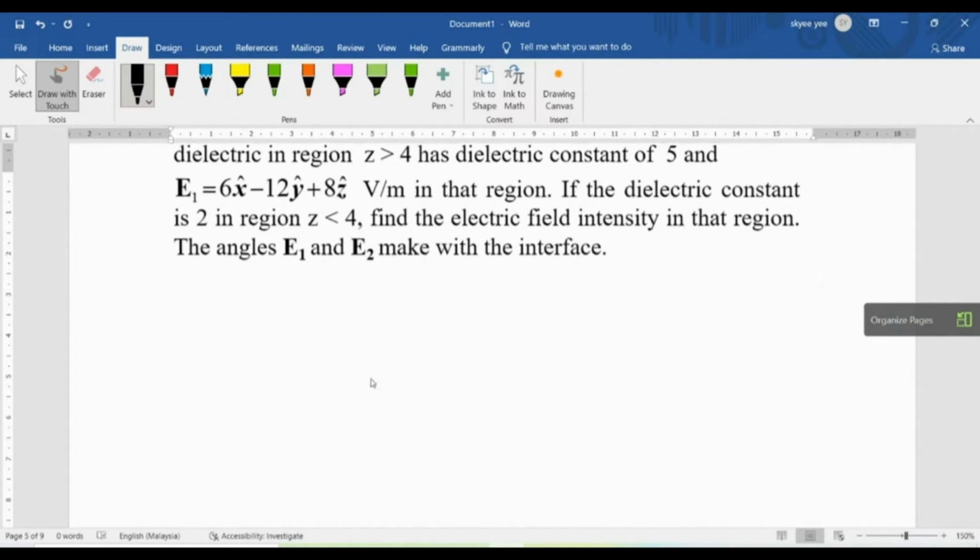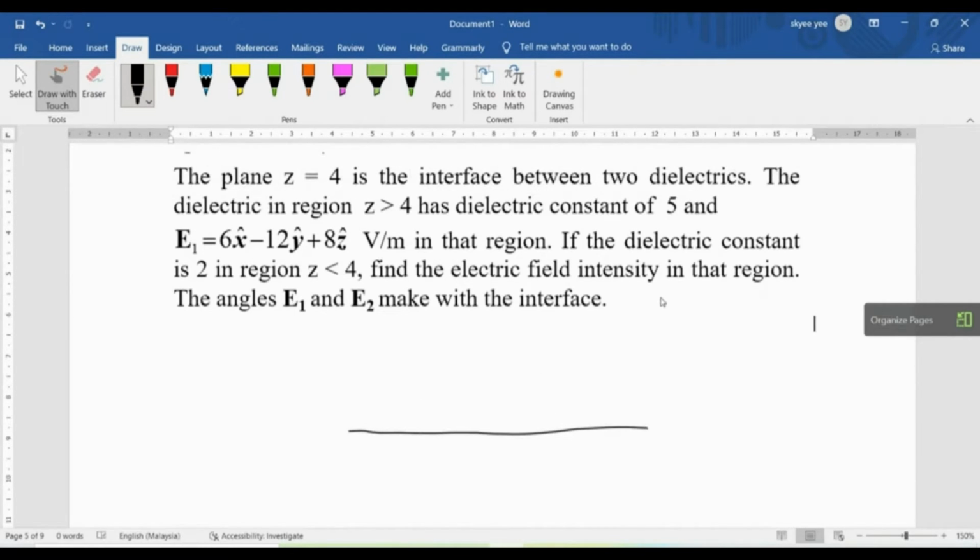So you just draw it: the interface between two dielectrics at position Z equals 4, meaning here is the Z axis.